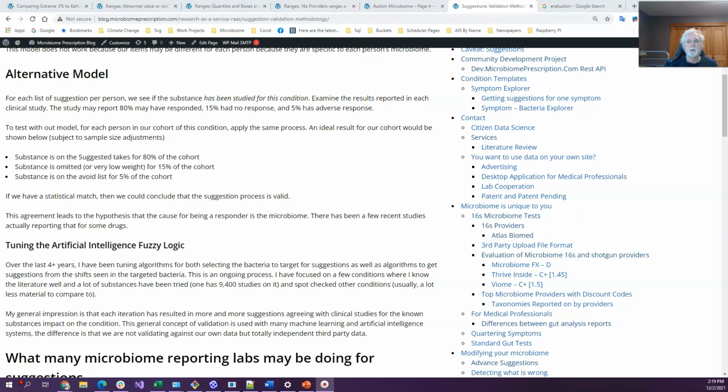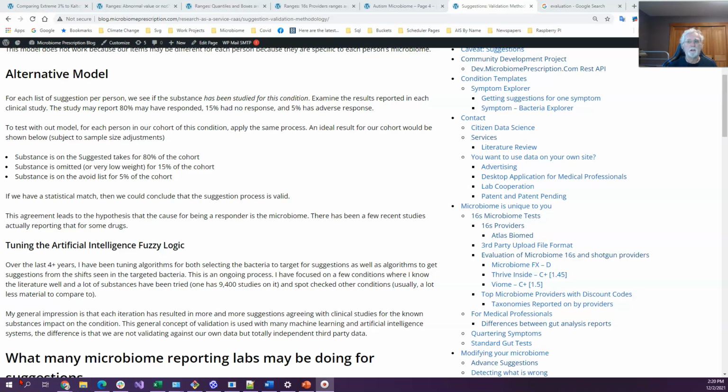The criteria is simple. If I suggest a substance and it's being studied on PubMed and it has a positive effect for this condition, then that is a +1, as in, okay, looking at the microbiome, it suggests this substance would help, and clinical studies found that it helped.